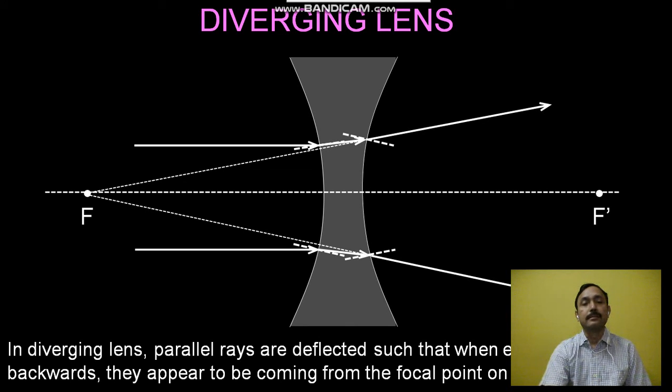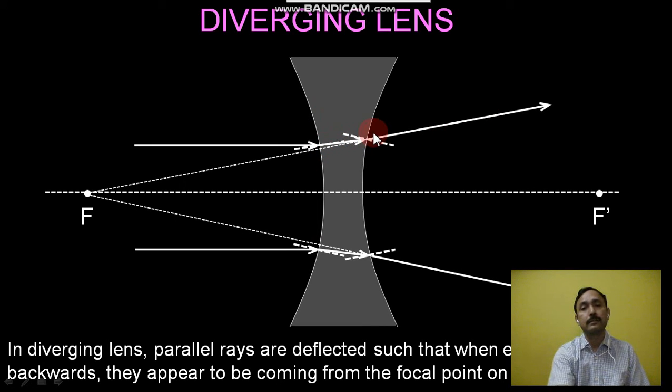In a diverging lens, parallel rays are deflected such that when extended backwards, they appear to be coming from the focal point on the other side. This is the parallel ray. It is made to fall on one surface of the biconcave lens. Then after refraction, it will follow this path.